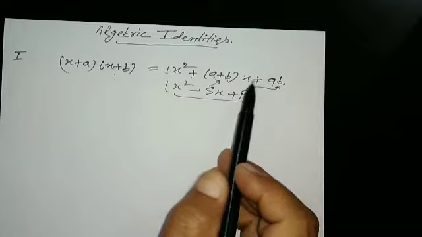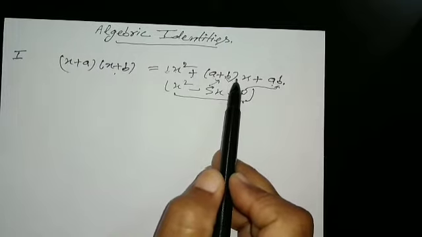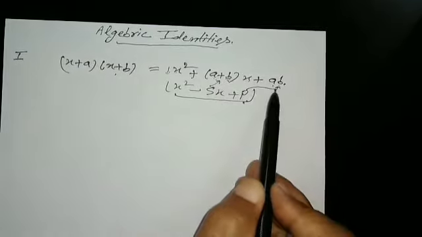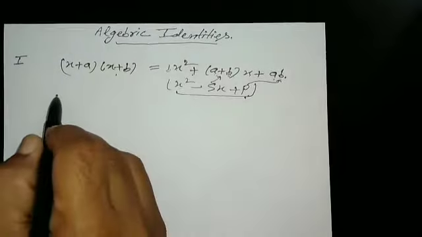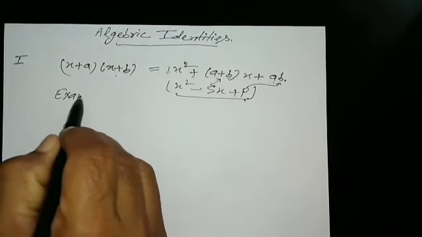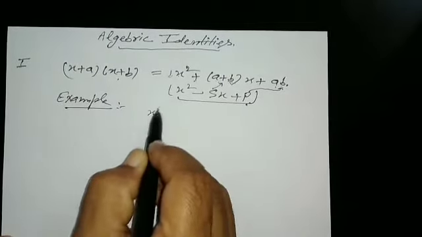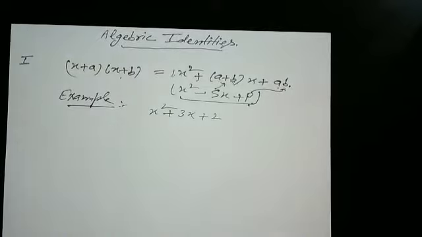What is the condition? The values must sum to that coefficient, and the product of those values must be the constant term. You can take a very easy example, like this: if you have x square plus 3x plus 2, this is the polynomial.